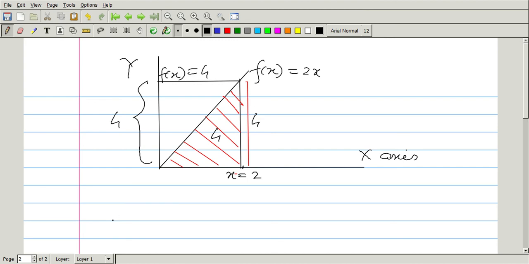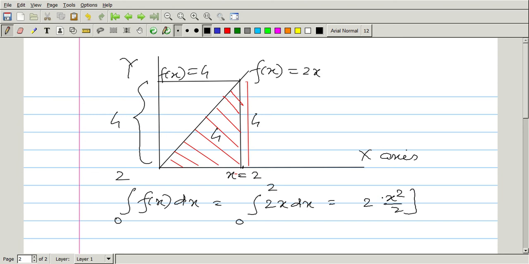Now if I integrate this, integral of 0 to 2 of f of x dx will be what? Integral from 0 to 2 of 2x dx, which is of course 2 comes out, x square by 2.